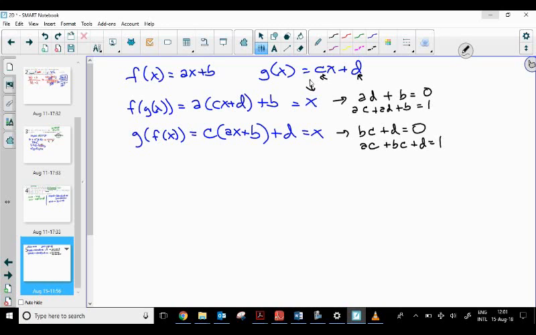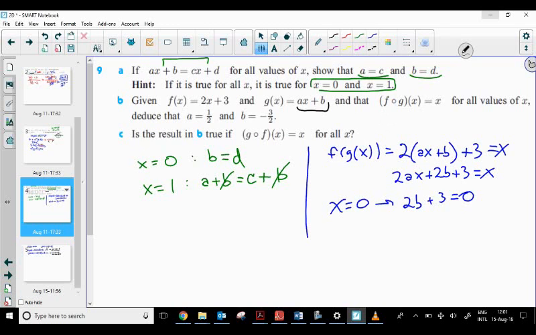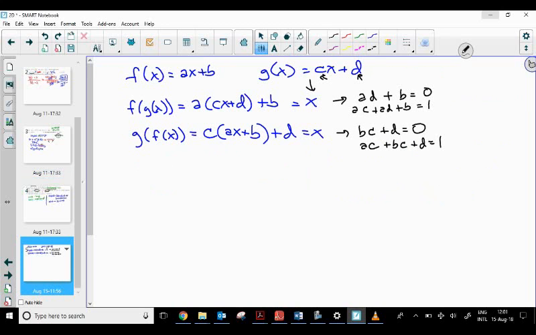Well, let's work with these. Since I want to find out c and d, and remember in the previous example, we found out what a and b were in terms of numbers, and the only numbers are really coming from over here. So I'm going to do a similar thing here, which is I'm going to say, for example, this tells me that d has to be equal to negative b over a.